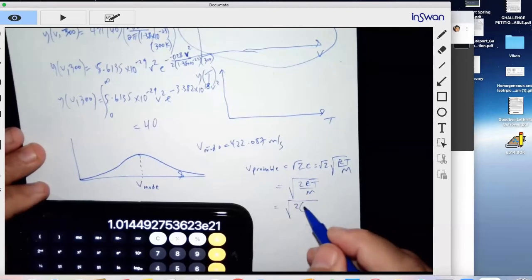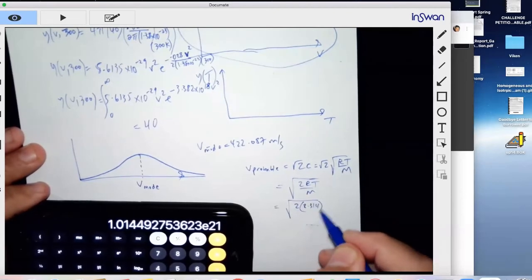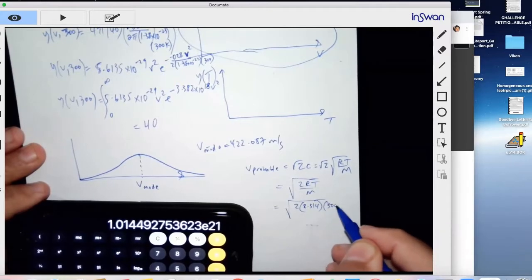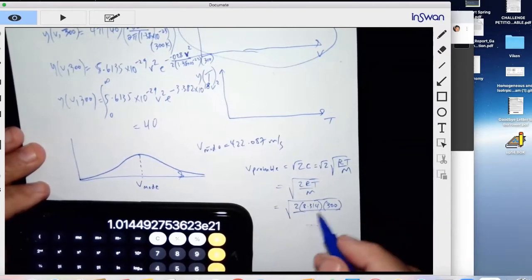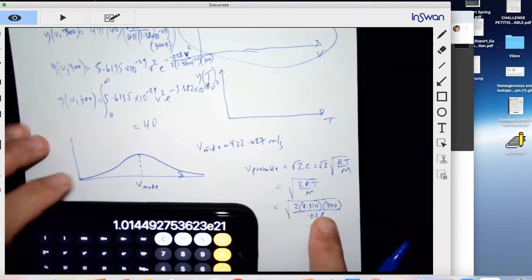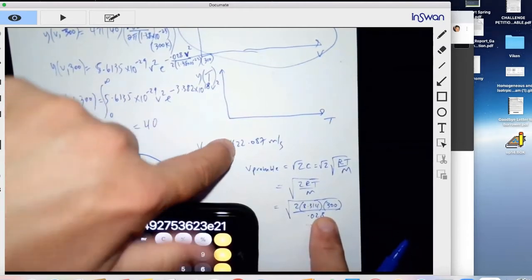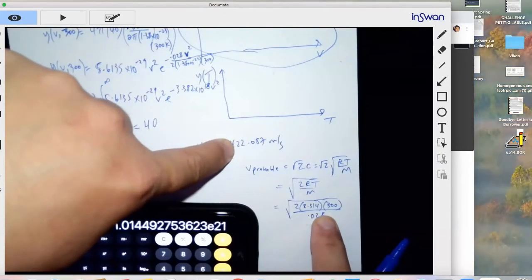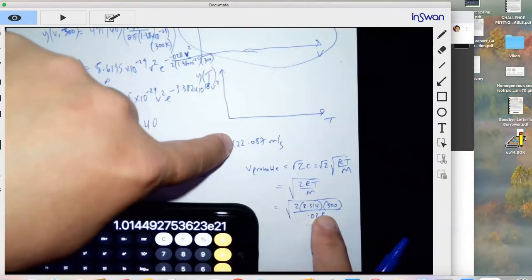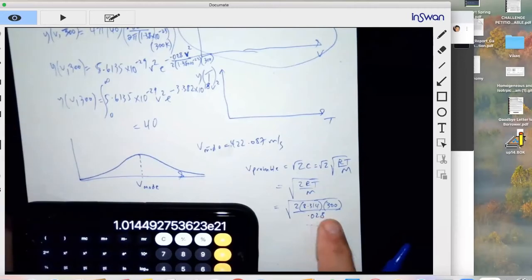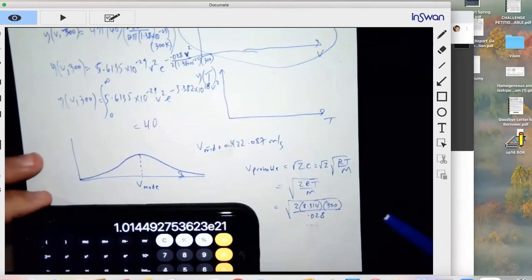2, what's R? 8.314. T is 300 Kelvin over the molar mass. So if I apply this equation, it should give me graphically the same thing that this gave me. The velocity probable is 422. 2 times 8.314 times 300 divided by 0.028.